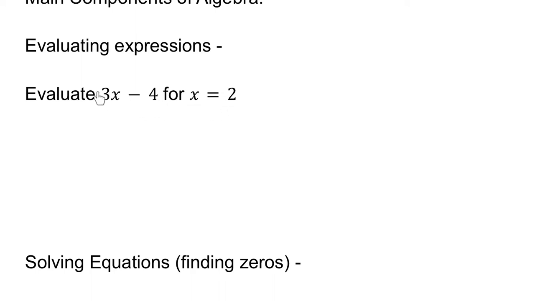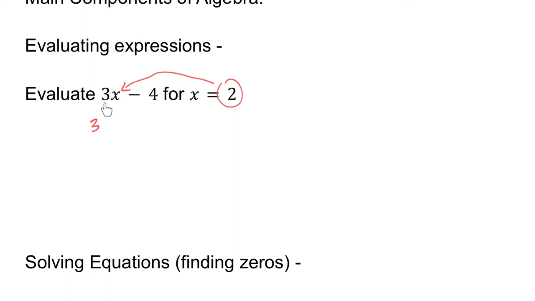So this right here is known as an expression. And later we're going to talk about equations. So expressions and equations, they're different beasts, but they look very similar. So we evaluate this, and the way we do that is we take this 2 and we substitute it for x. So this then would be 3, and that 3x means 3 times x, right?